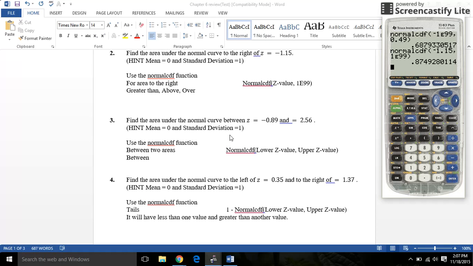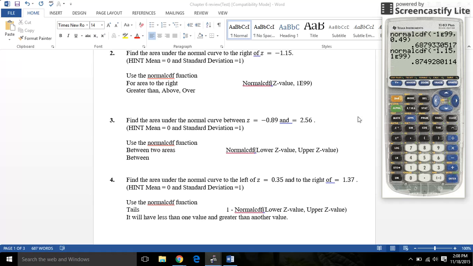Alright, let's look at the next one. For number 3, find the area under the normal curve between z equal -0.89 and z equal 2.56. Again, the mean is 0 and the standard deviation is 1. You're going to use the normal CDF function again, and you're going to look for an area between two values. You'll know it's the between scenario because it says between two data values.